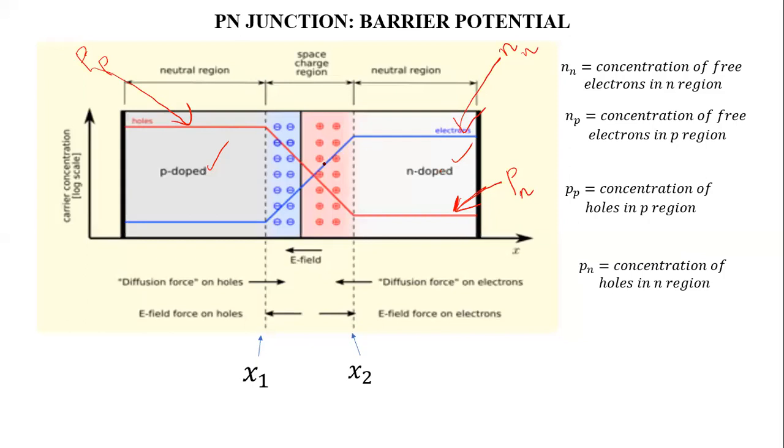And on the p side, however, the concentration of electrons, which we denote as Np, is much lower than the concentration of holes.